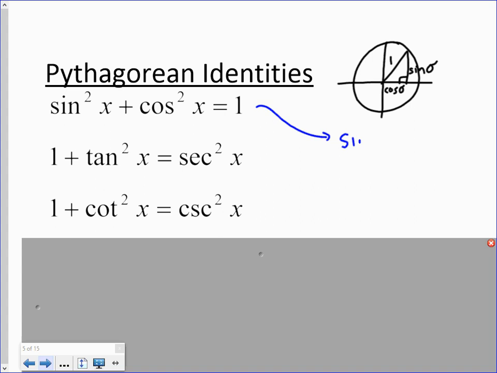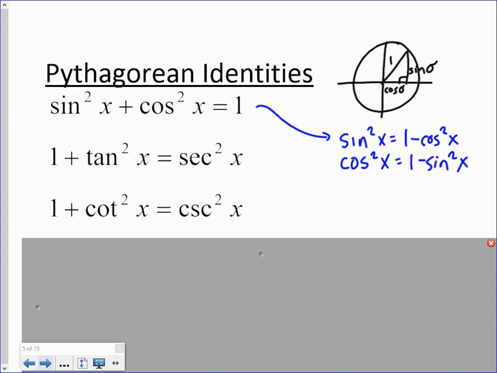You could also say that sine squared x equals 1 minus cosine squared x. You just move it around, manipulate the equation. In the same scenario, we could say cosine squared x is equal to 1 minus sine squared x. So you have some flexibility with the Pythagorean identities where you can move things around, like by adding and subtracting from both sides.